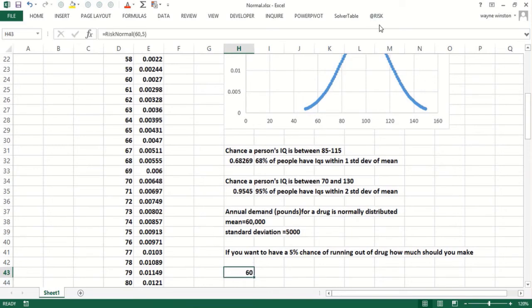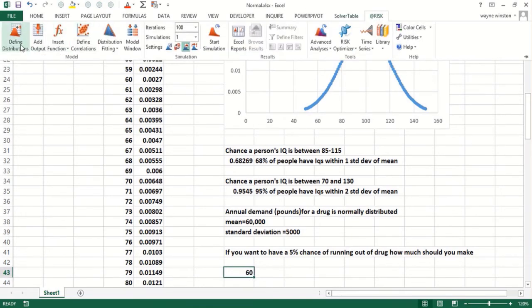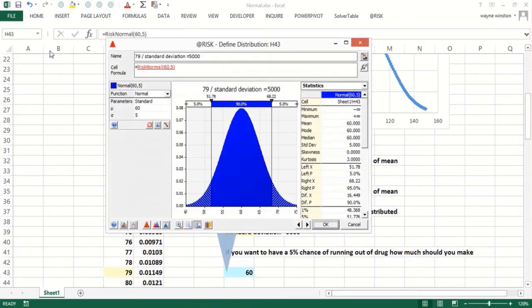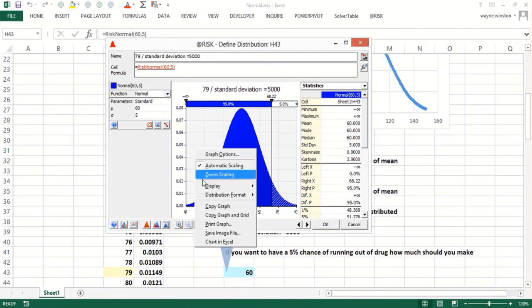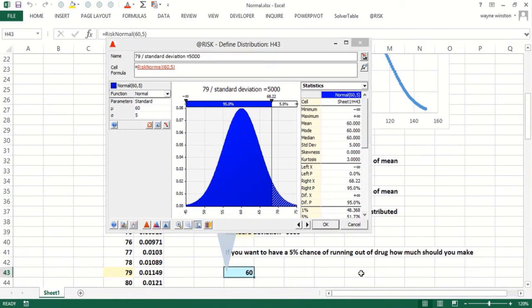Okay, so now if I can draw a little picture here. There's the mean of 60 and standard deviation of 5. And if I want what has 5% to the right of it, the 95th percentile, I can show you, there's a picture, 68.22. Now, don't worry about how I drew this picture. I'll paste this graph here.